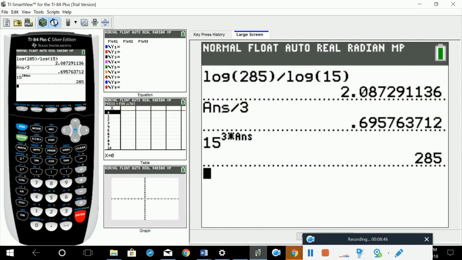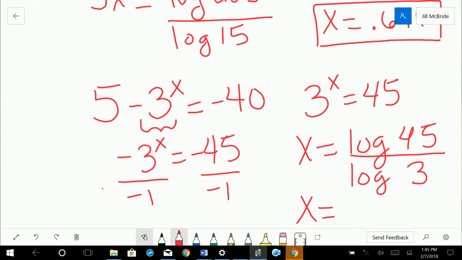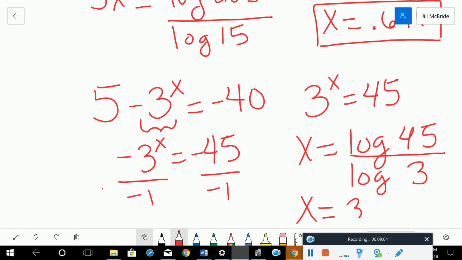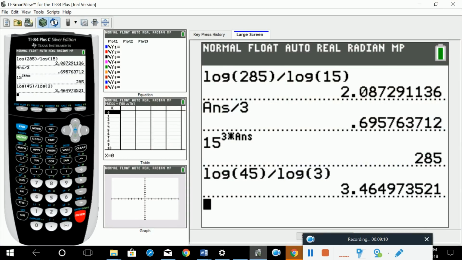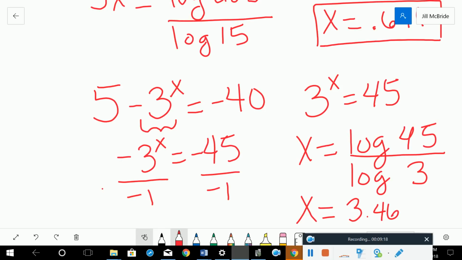Okay, so go back to my calculator. Log 45 divided by log 3. And I get 3.465.